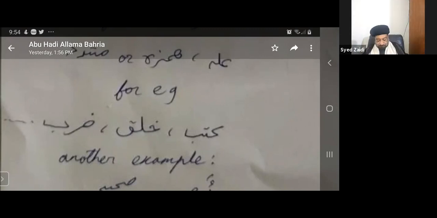Now, in another example, if you find a word amara, now this word amara is sahih, but not salim.